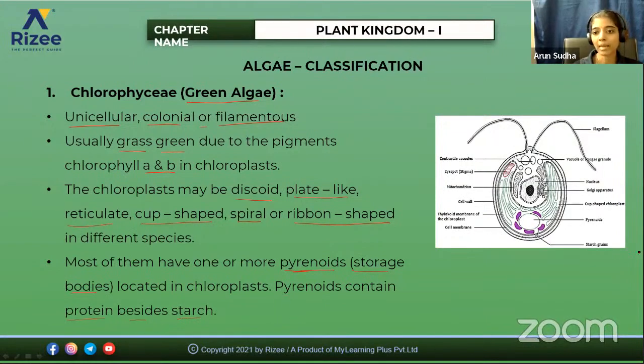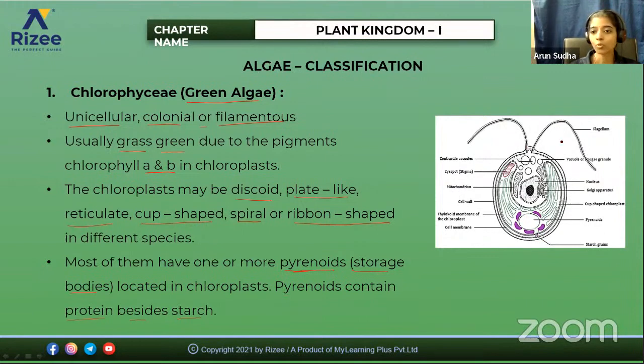This is the example of Chlamydomonas, which has flagella. So it is a flagellated one. This is the flagellum that is present, and since it is a eukaryotic organism, it contains a nucleus and other membrane-bound organelles, mitochondria, and a cell wall. This is the pyrenoid, the storage body, which contains protein and starch.